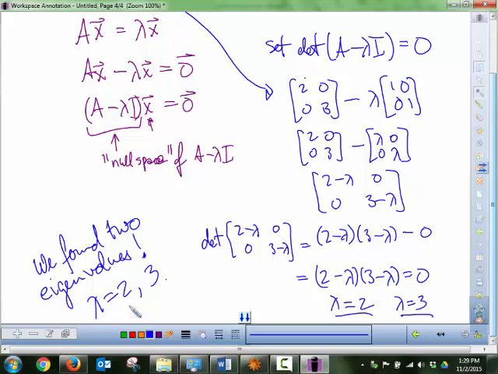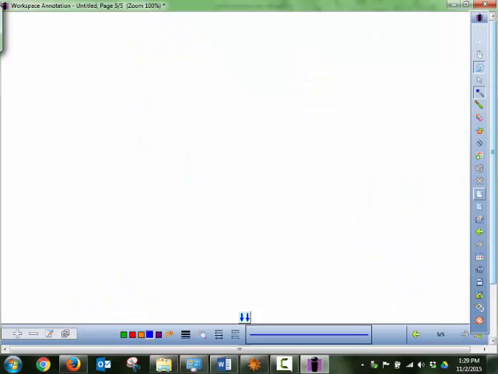We'll try it out and see if it makes sense after. Each eigenspace is a line for this example, but sometimes your eigenspace could be the whole plane, maybe in another example.